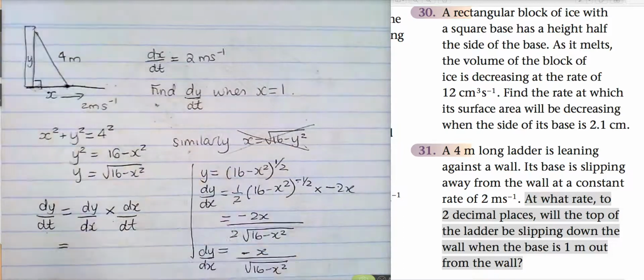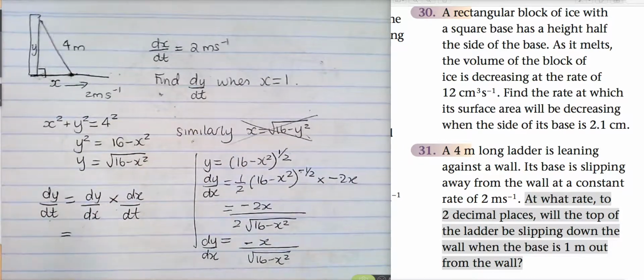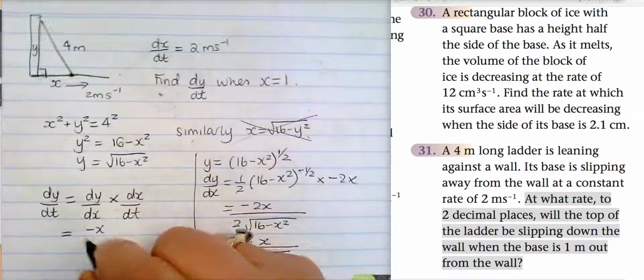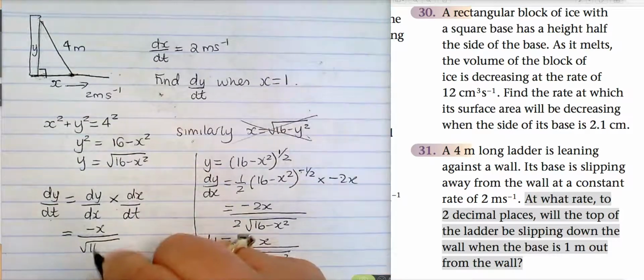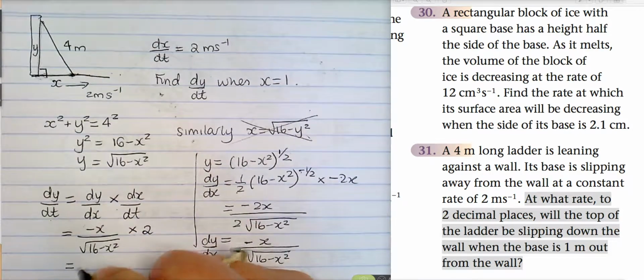So now you can come back over there and finish it off. You can substitute in this dy dx, it's negative x over the square root of 16 minus x squared, and dx dt is 2.